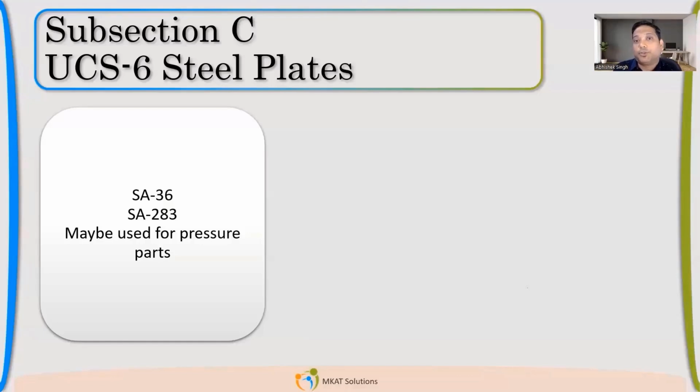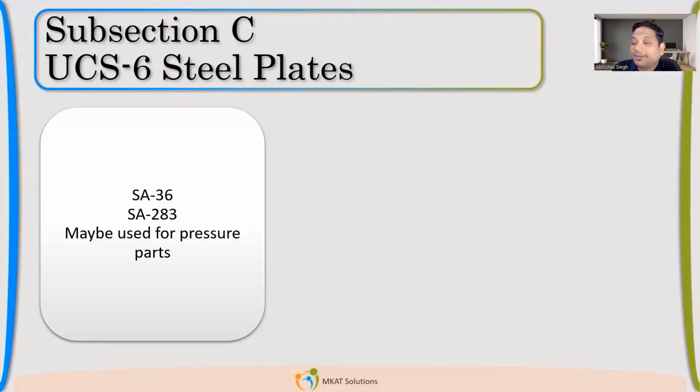So first, what we saw: if I have to see what is the acceptable material, I'll go to the table. I can find out my material. If it is not there, then also there is a process, but it's tricky. Now, the second part: we can use SA 36 and 283 as a pressure part.